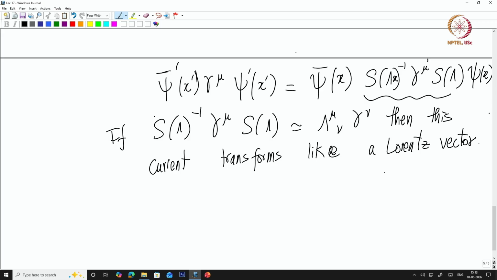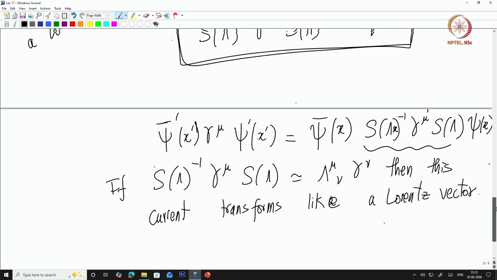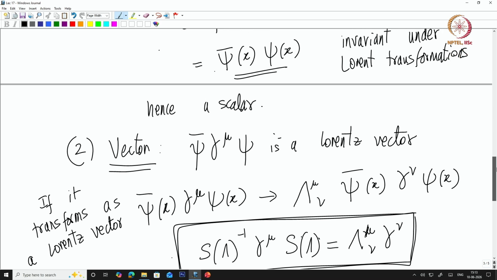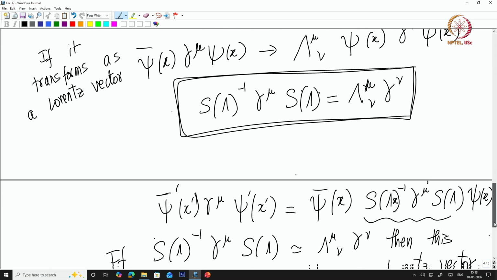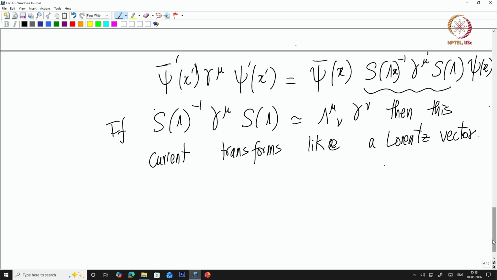Now I think you are all convinced up to here. This is the same thing we did essentially, just following the same steps. Now the point is, how do you show that this is true?